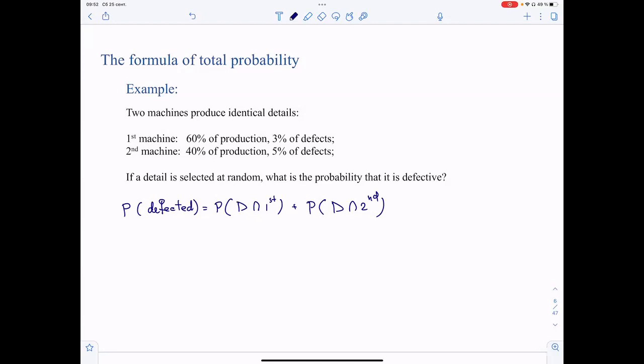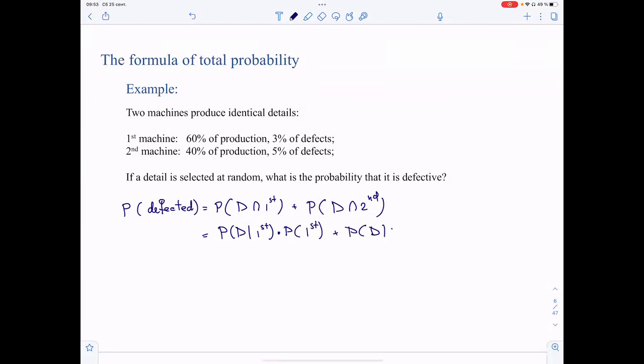And then we apply a formula that is called the full probability formula, or that we presented a slide ago as the total probability formula. So here I say probability of being defected, given that it was produced by the first machine, times the probability of being produced by the first machine.